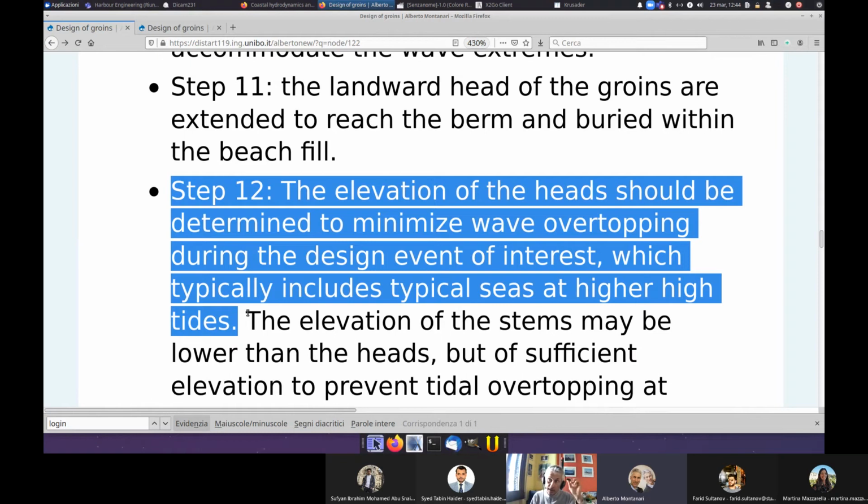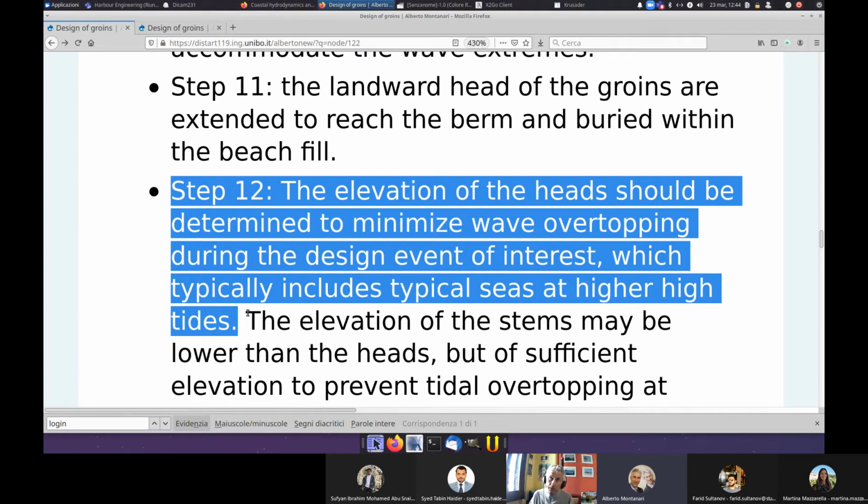You may allow that the groins are overtopped during an extreme event, but you have to verify what the impact may be. You shouldn't allow overtopping in situations that are likely to occur every year.